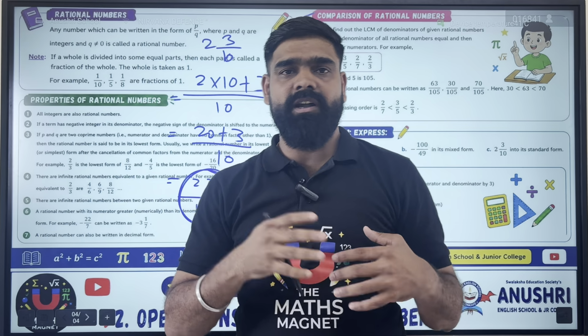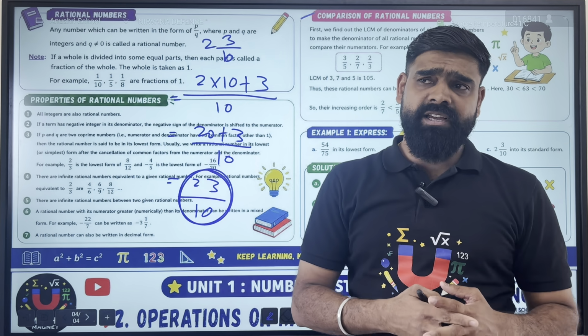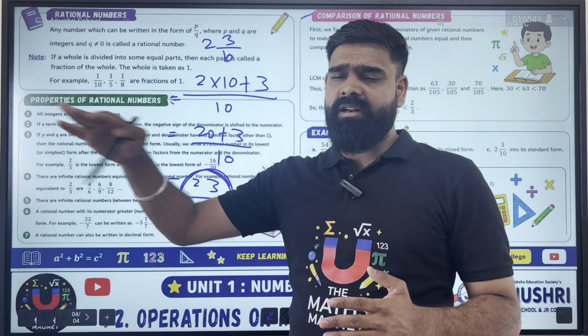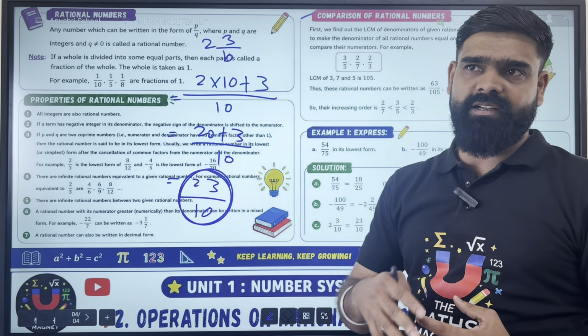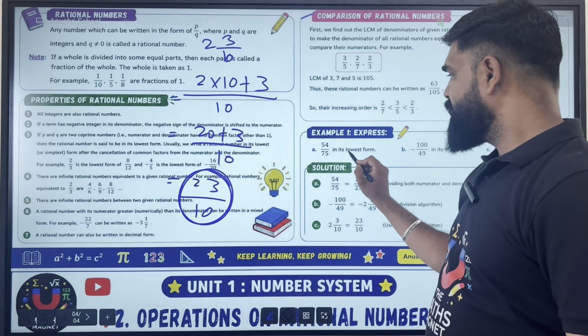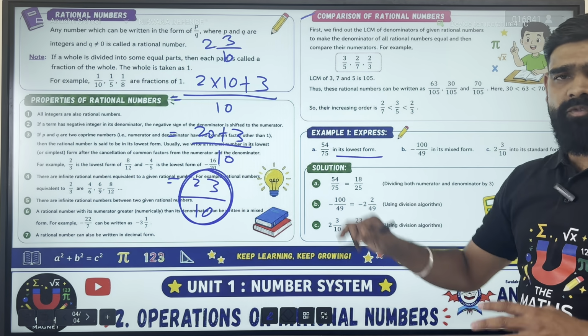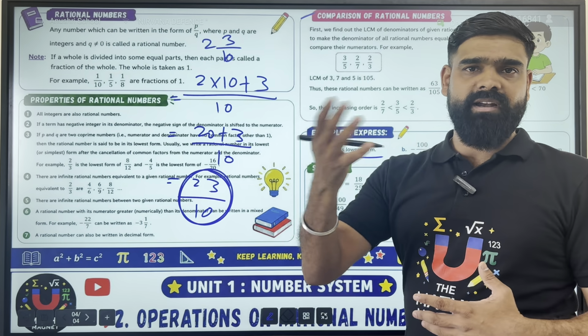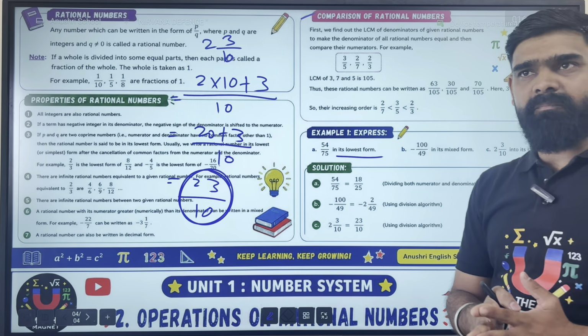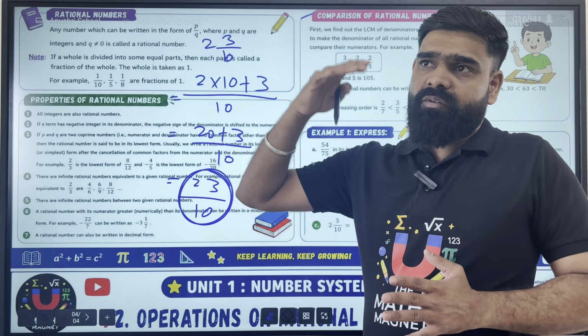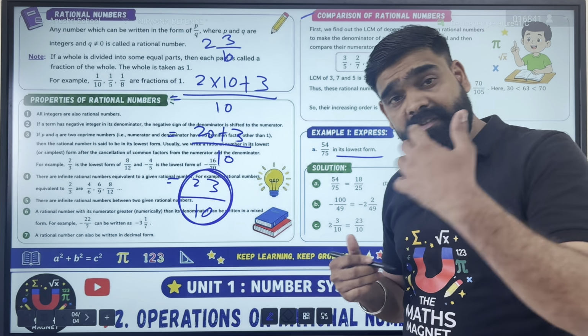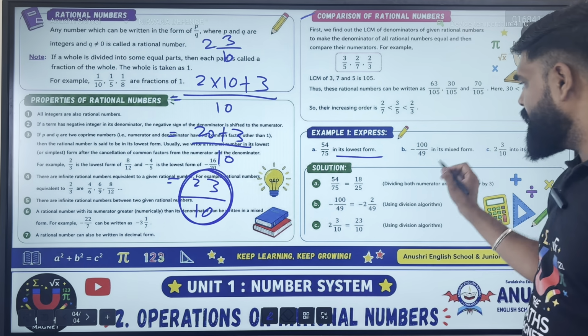When we have equal denominators, we can easily compare the numerators of the rational numbers, and we can find the comparison easily. When we want to find the lowest form, we have to divide numerator and denominator by the common number till we find the simplest form or lowest form.